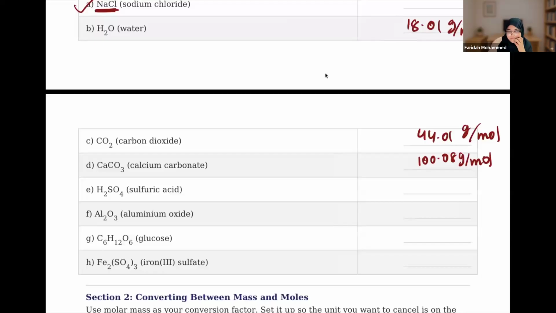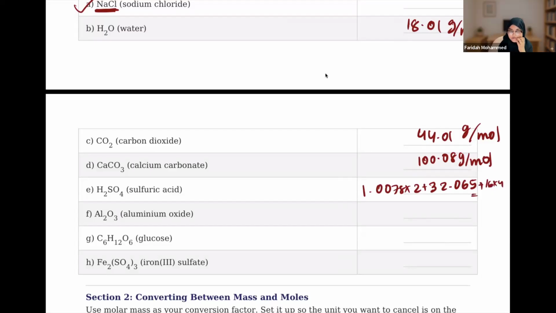So for the hydrogen, 1.0078 times 2, added to sulfur, which I believe is, yes, it says here 32.065, and add 16 times 4 because of the 4 oxygen.